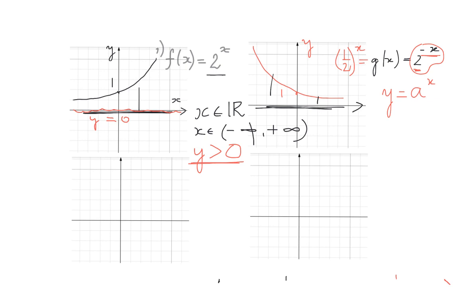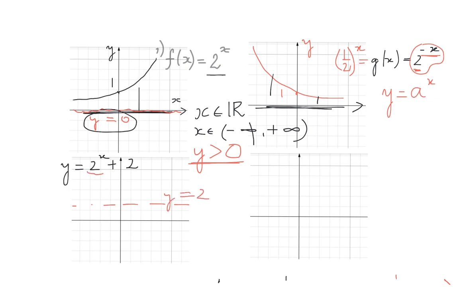Now, if I have an exponential function that I shift up or down, so I'm looking at a new function which is defined as 2 to the x plus 2, shifted up, then the asymptote shifts 2 units up. Now I will have an asymptote at y equals 2.